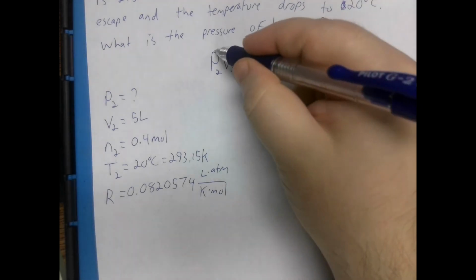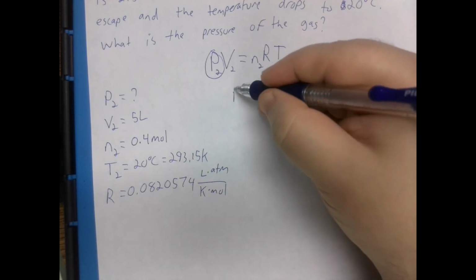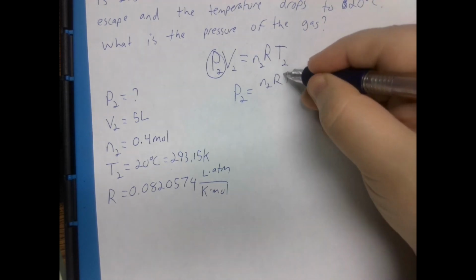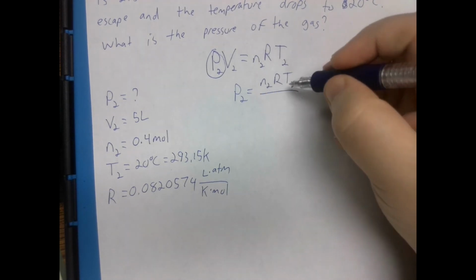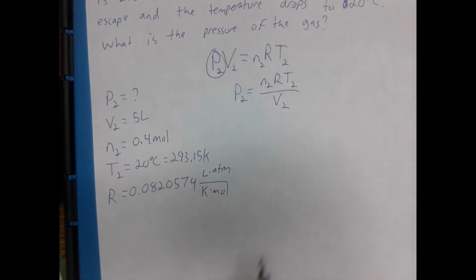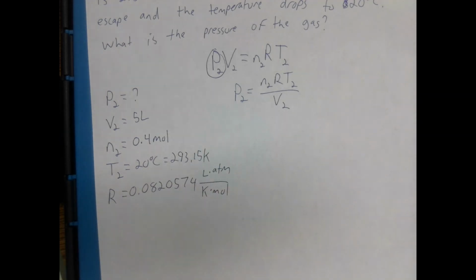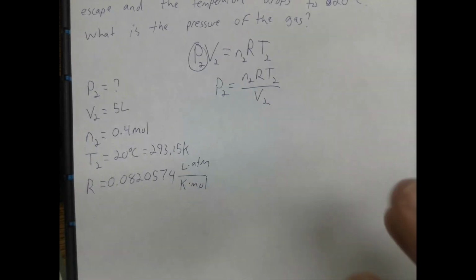So we're solving for final pressure. Final pressure would just be final number of moles times the R constant times final temperature over volume. Really, you don't have to keep these 2's in it. But it's a good idea to make sure that we know that this equation only works at one point in time. The previous equation that we used was relating 2 points in time, initial and final. This one only deals with one point in time.